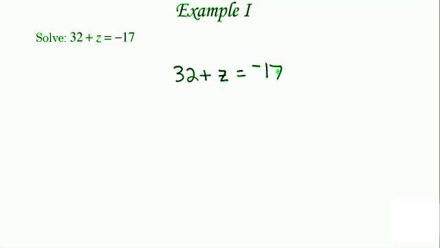The way I'm going to get rid of the 32 is to move it to the right side, and I go about that by doing the opposite. Whatever I'm trying to remove, here I'm trying to remove 32, which is a positive 32, so if I subtract 32, I can get rid of it from the left side and put it on the right side. So you want to do the opposite operation.